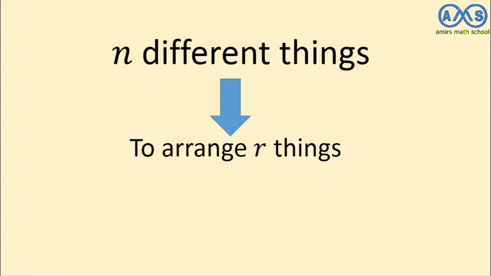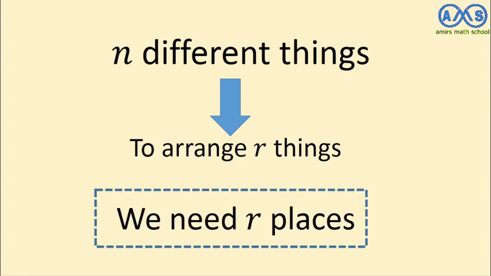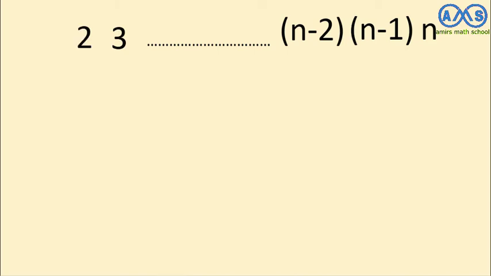To arrange these r things, we need r places. Suppose the n different things are labeled n, n minus 1, n minus 2, and so on down to 3, 2 and 1.